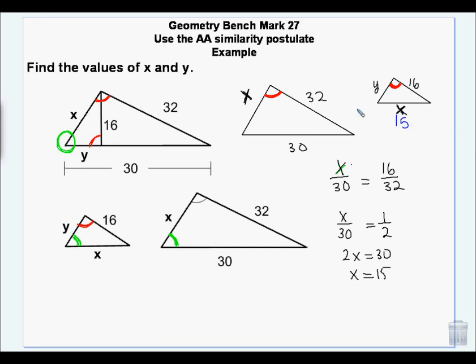So this x here is 15. This x over here is also 15. Then to find y, I do y over 15 is equal to 16 over 32, which again reduces to 1/2. So I get 2y equals 15. So y is 7.5.